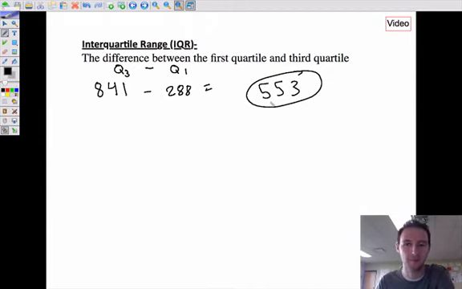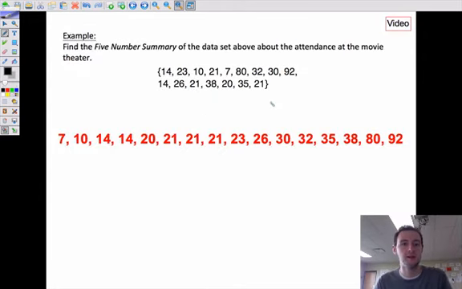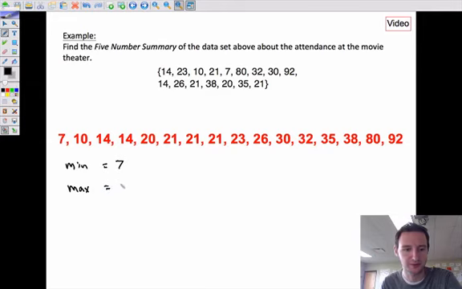So that's the interquartile range, or the IQR. All right. Now we're going to find the 5-number summary of the movie theater data that we looked at earlier. I've already ordered them least to greatest, so if you need to pause and reorder it, go ahead and do that. Then I can see the minimum is 7 and the maximum is 92.